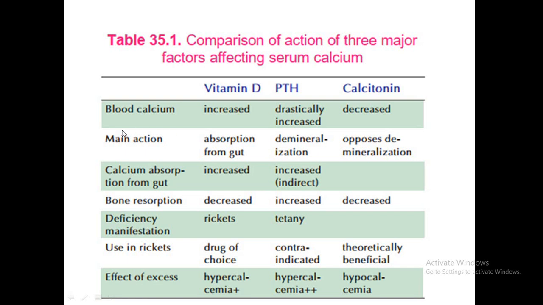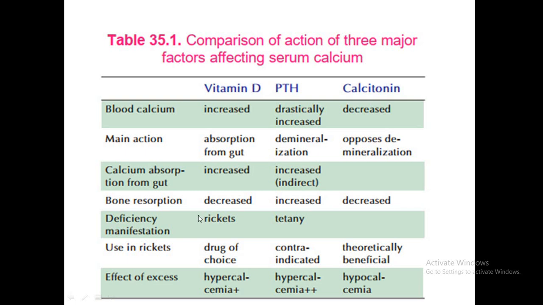And calcium absorption is mainly increased from the gut in case of vitamin D, whereas PTH causes demineralization, and calcitonin opposes demineralization. Calcium absorption from the gut, vitamin D and PTH increases. Bone resorption, vitamin D decreases and calcitonin decreases, whereas the PTH increases.